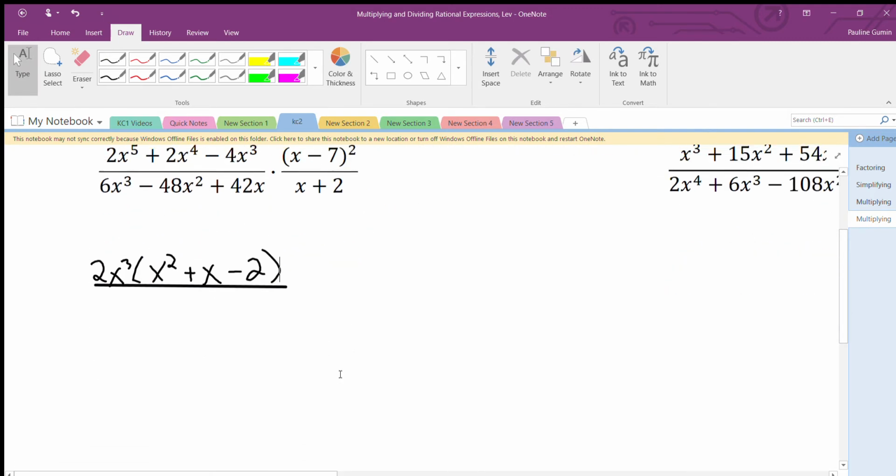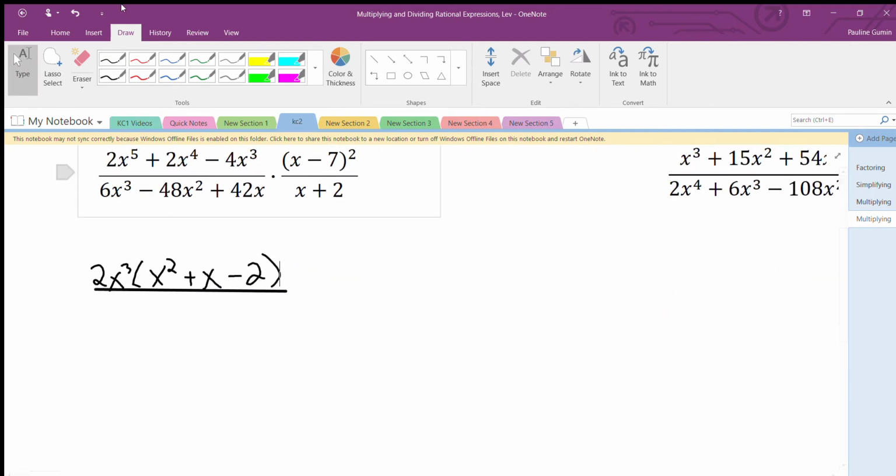Am I done factoring? I'm not sure. Let's see. Can we factor this further? Are there two numbers that multiply to -2 and add to give us +1? Yeah, that invisible -1 in front of the x, always floating around there.